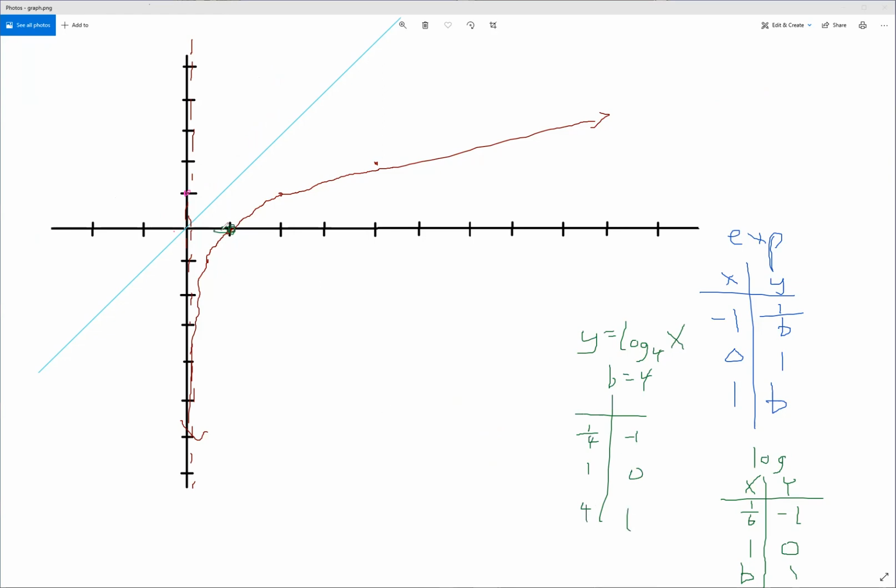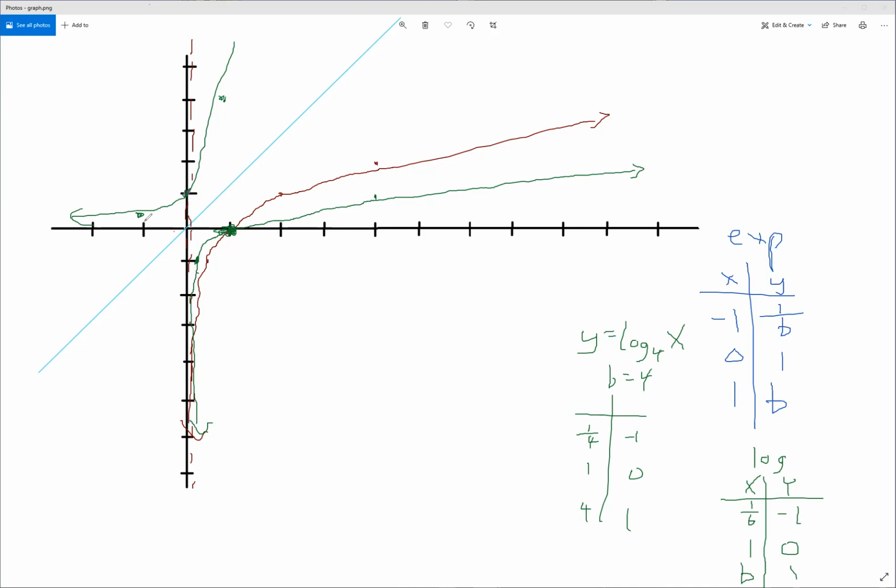So we still have this point right here that hasn't gone anywhere, but now we're going to go to 4, 1, and 1/4, -1. And just like when we graphed with a stronger base for the exponentials, with the logarithms it's also going to be a stronger effect. It's just going to be twisted the other way. If we had graphed 4 to the x, it would have looked something like this, again just graphing those 3 key points at 0, 1, 1, 4, and -1, 1/4. And apologies for that being horribly sloppy.